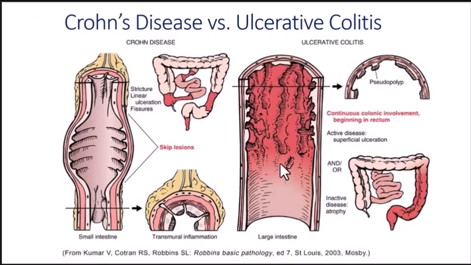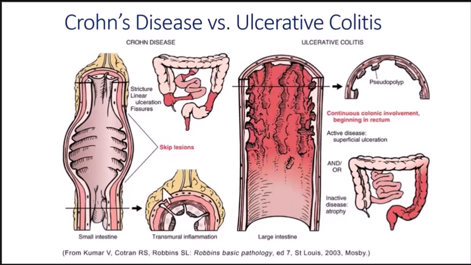This image here shows you some of the differences that we've talked about with Crohn's disease and ulcerative colitis in terms of how they would appear. So remember, with Crohn's disease, we have those segmental lesions that can really occur anywhere in the GI tract from the mouth to the anus. Whereas with ulcerative colitis, we know it is going to be continuous rather than skipping areas, continuous and affecting the colorectal region.